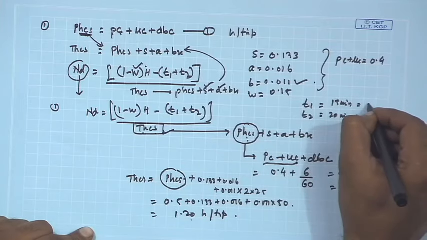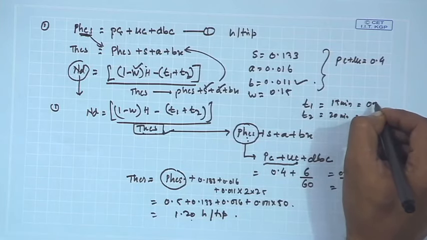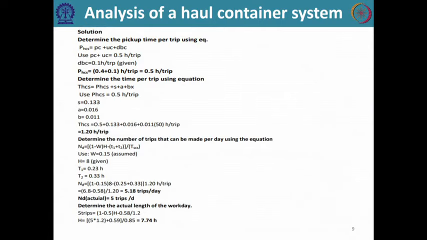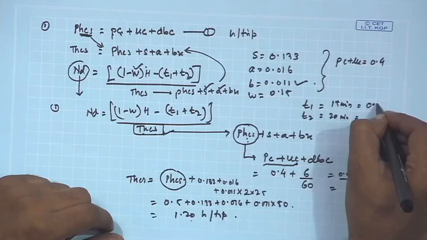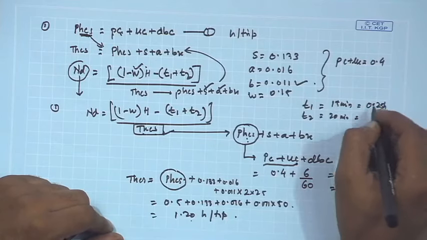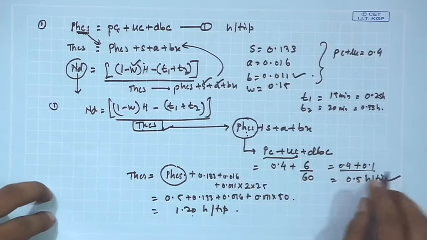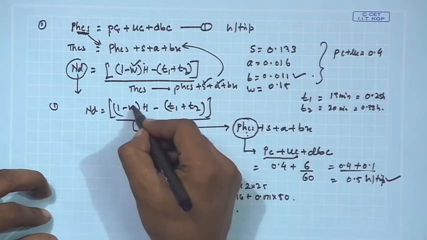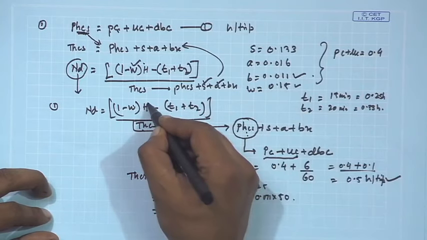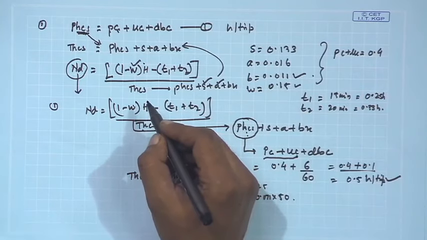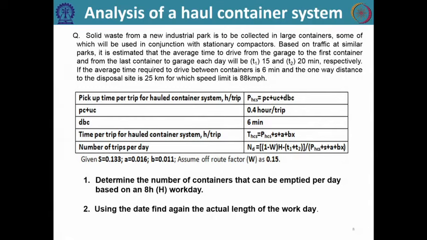So 15 minute would be 0.25 hour, and 20 minute would be 0.33 hour. So we know the value of W, that is given, we know the value of H, 8 hour, that is given in the question. In the first question it is given as 8 hour work day. So we will put all these values and find out the number of trips.